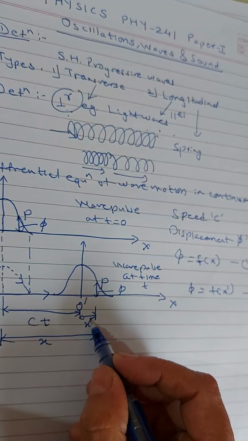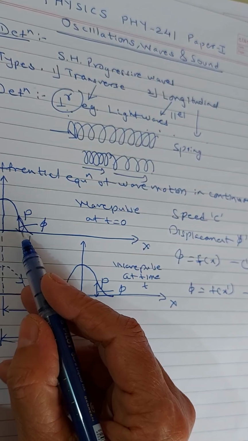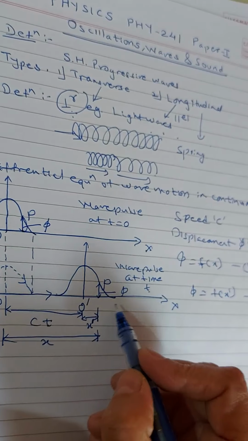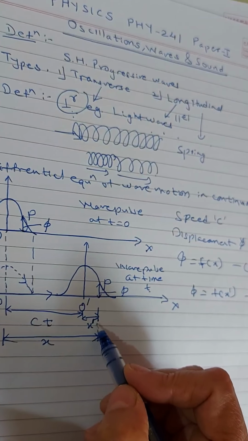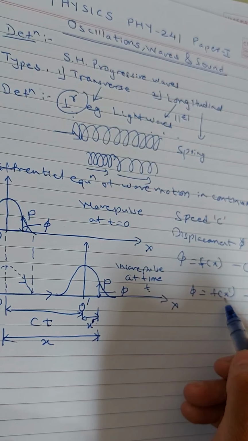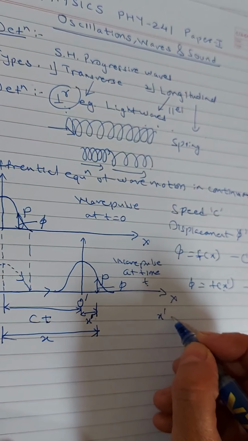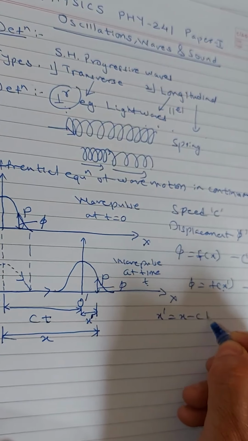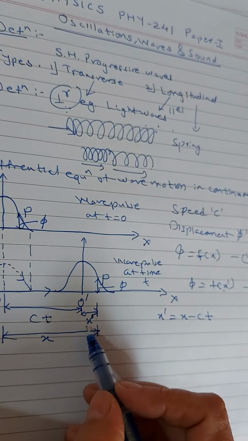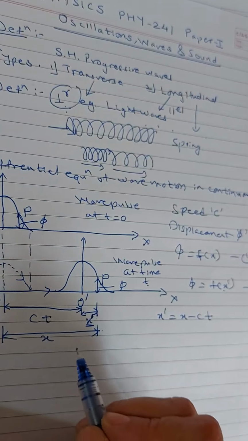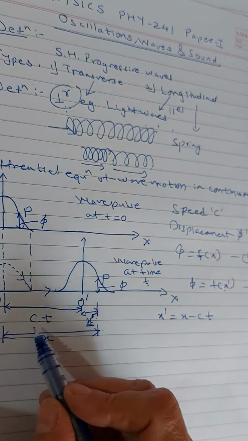Because this was initially at t is equal to 0, but after certain time t it has gone to the position x dash. Now what is my x dash? Basically x dash is x minus ct, or I can say x is equal to x dash plus ct.